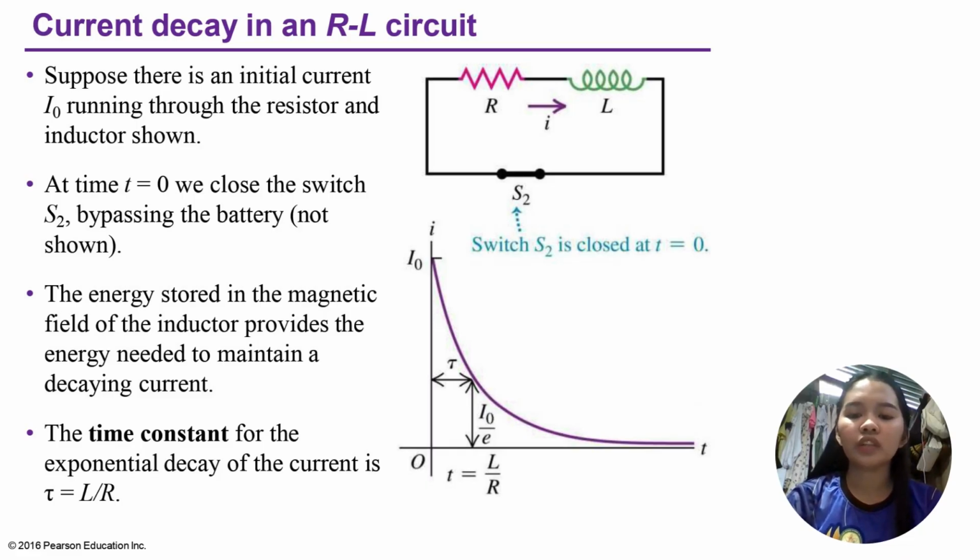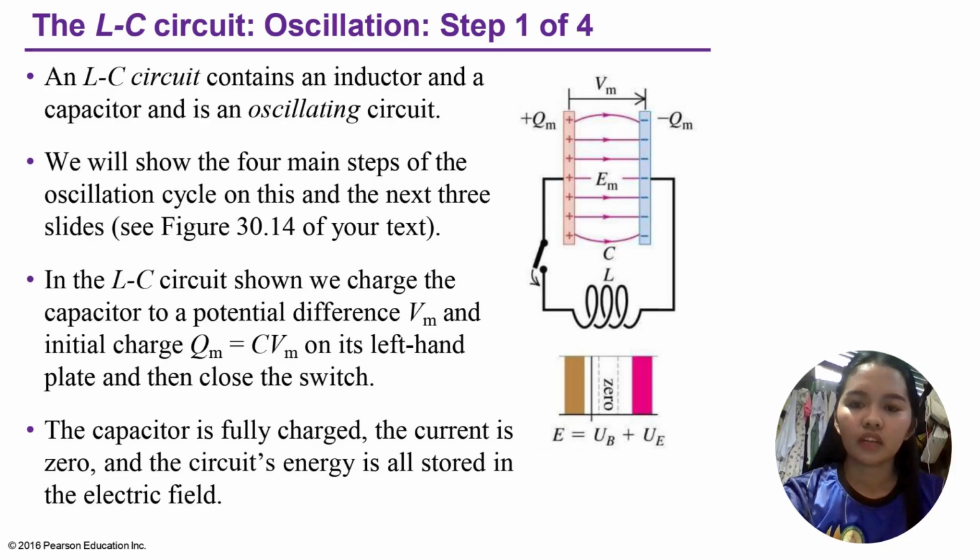Instead, it decays exponentially with a time constant equal to L over R. The inductor releases the energy stored in its magnetic field, sustaining the current for a short period of time. The larger the inductance or the smaller the resistance, the slower the current decays. As you can see here in our presentation, switch 2 is closed at t equal to 0.